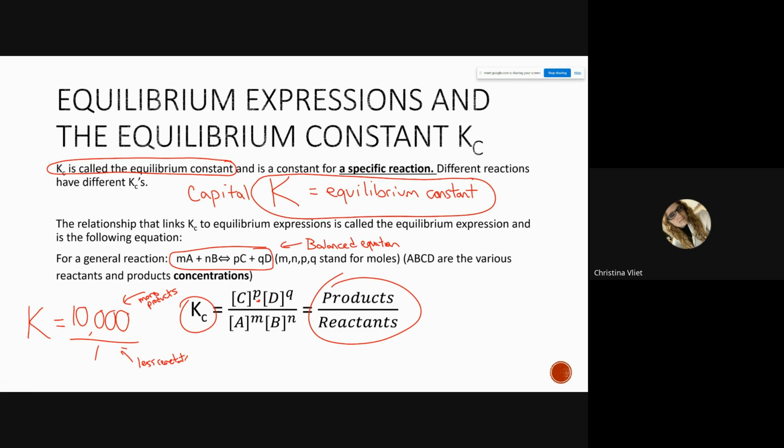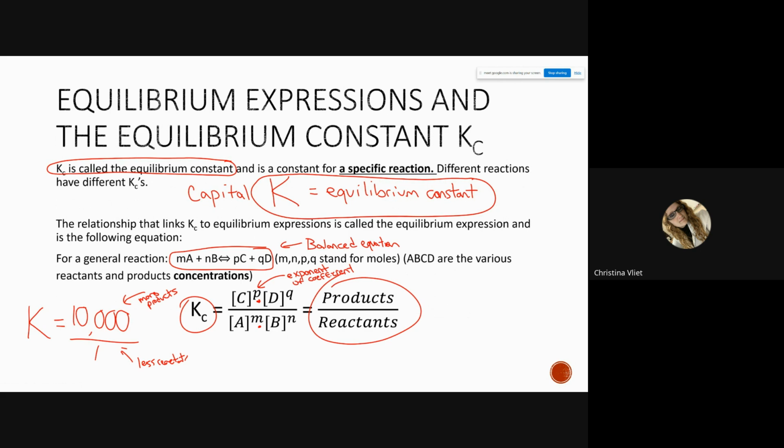So you put a multiplication there, just to remind yourself this is a multiplication. Raised to the exponent of the coefficient of what's in your chemical reaction. So this is going to look a lot simpler when you see examples. And then for your reactants, it's the same idea.